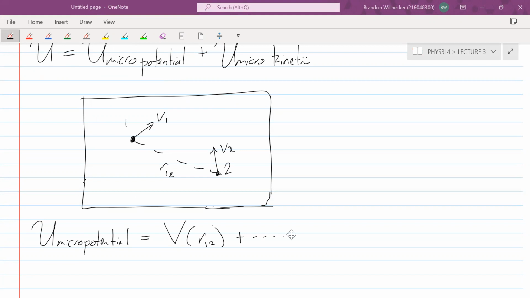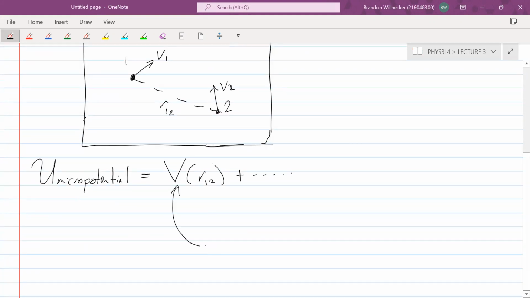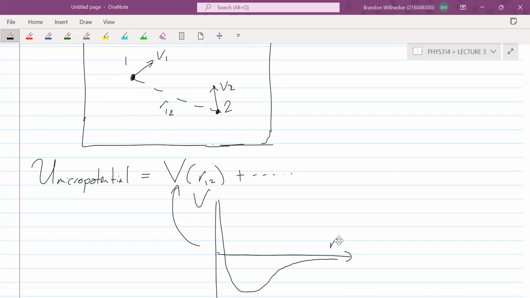Okay, so then this potential here depends on what you're working with. For example, if you've got noble gas atoms, then they might be interacting with the Lennard-Jones potential that looks something like this. So here's V and r. If you're working with charged particles, then you've got the Coulomb potential.